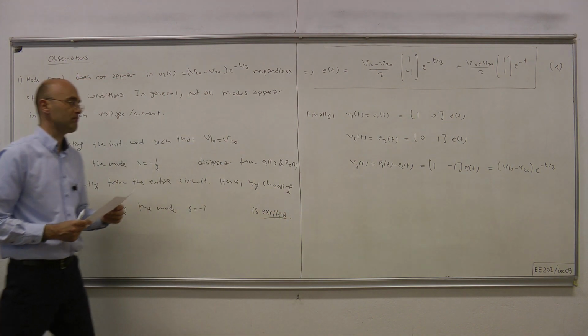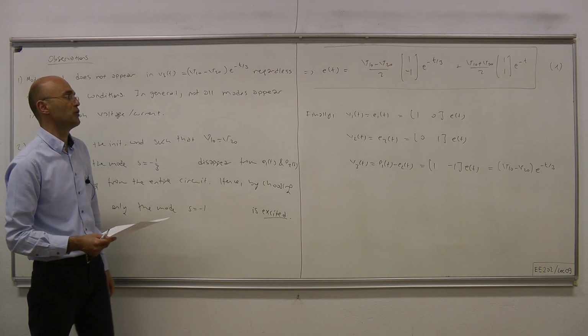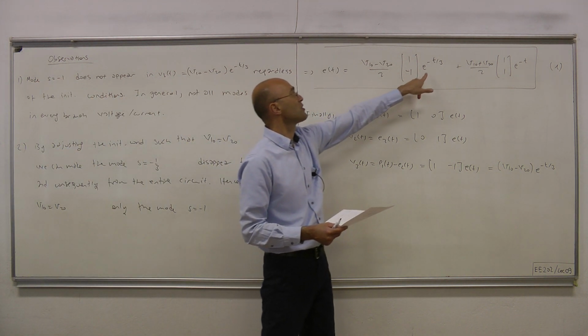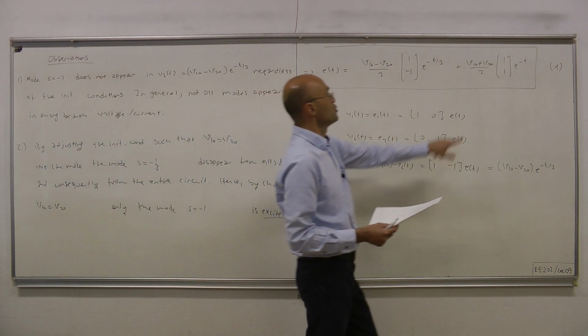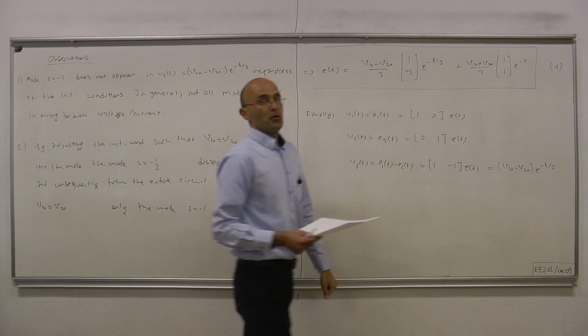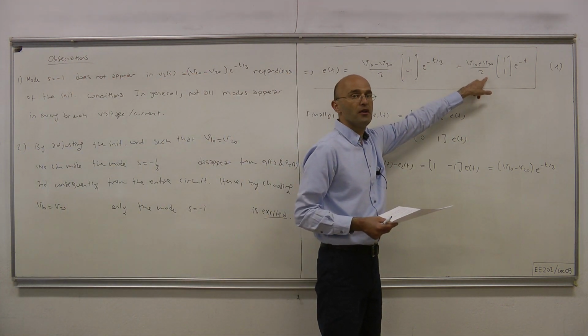Okay. Now this is the case for choosing equal initial conditions, which makes this mode disappear. Clearly, you can also choose the initial conditions with equal magnitudes but opposite sign. In that case, this mode disappears.